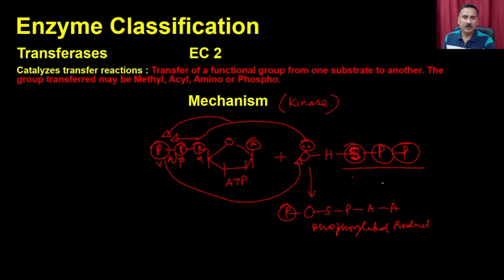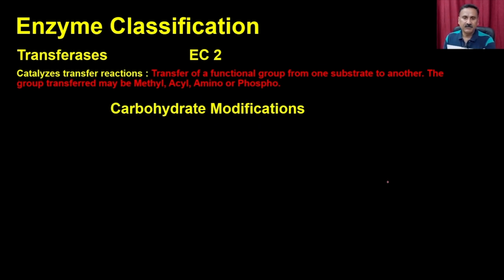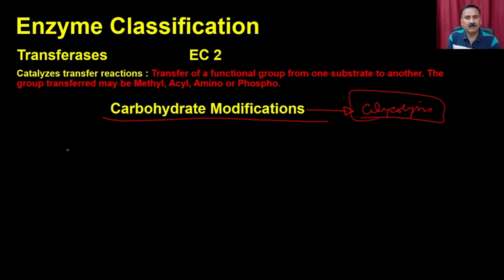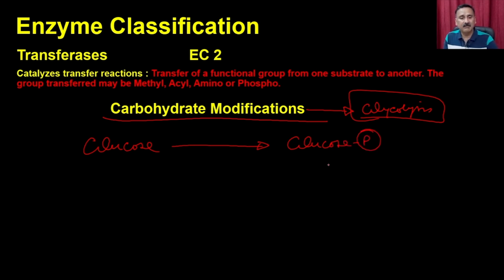So, let us take an example of some of these biomolecules. In the case of carbohydrates, these modifications are very much found in many carbohydrate metabolism pathways. For example, in glycolysis, the first reaction is when glucose is converted into glucose 6-phosphate, a reaction which commits the glucose to glycolysis.